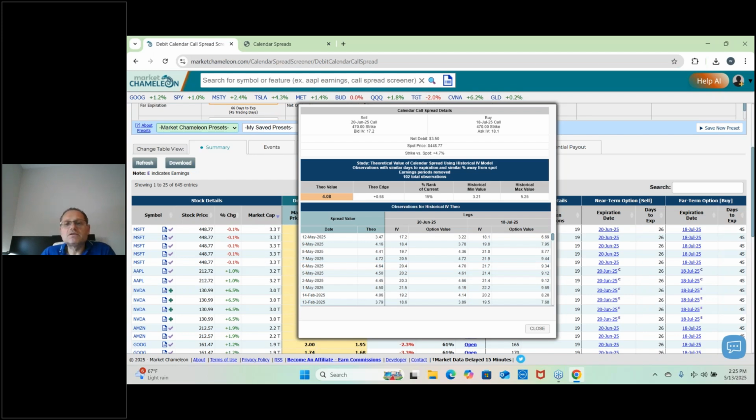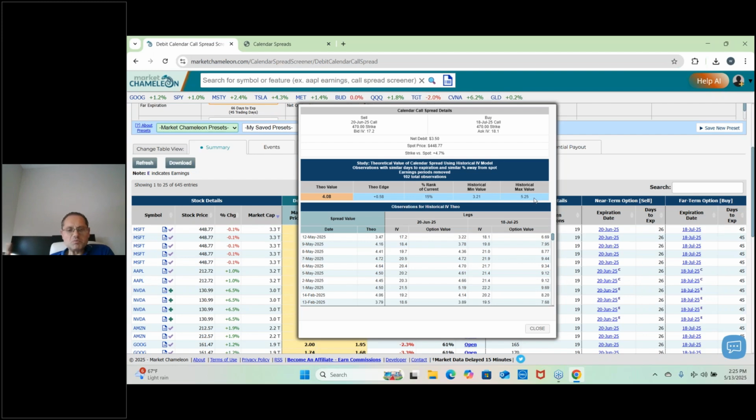So that's doing that analysis for us on demand. Here we see that the average of all these values was $4.08. That's here in the brown, giving us a 50-cent theoretical edge based on the current price of $3.50. And this is the range from the low end to the high end. Right now it's $3.50. Historically, the low was $3.21 versus a high of $5.25.